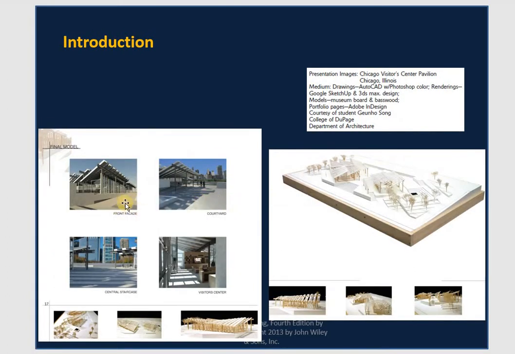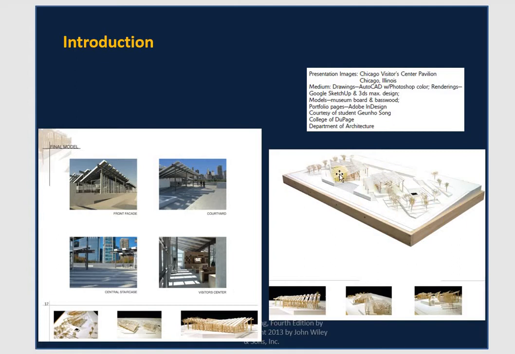In this one you can see the model they do for some kind of elevation, the courtyard, the front face, the center, and the visitor center. They show some kind of interior elevation, and after that they show the model. You see that this is the model. After they draw the interior section, they do the model and show it in the presentation.